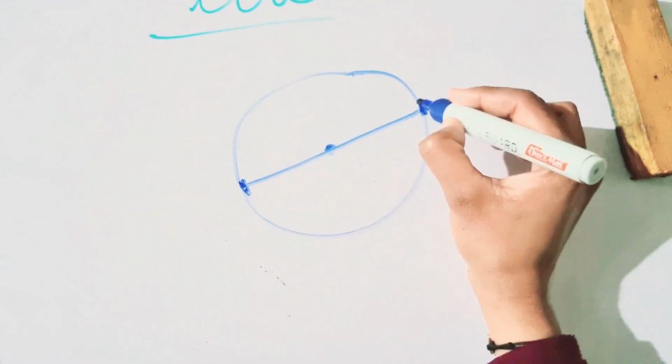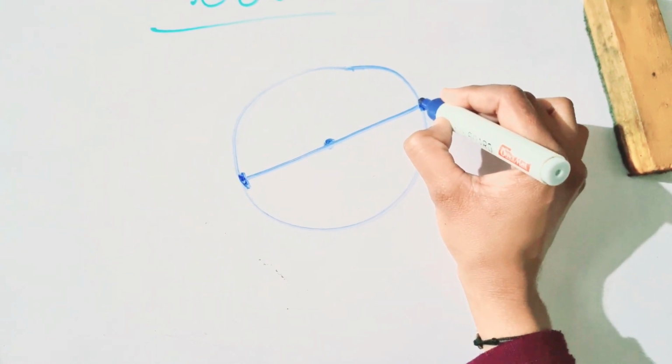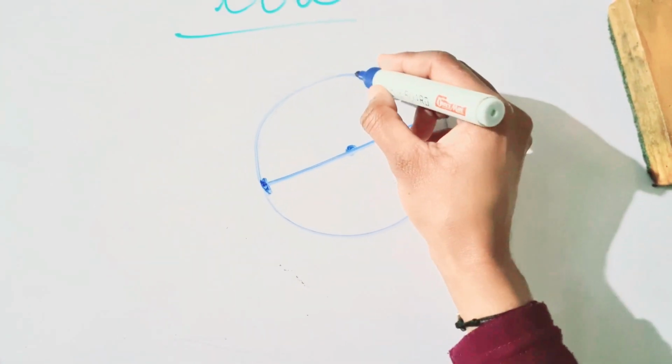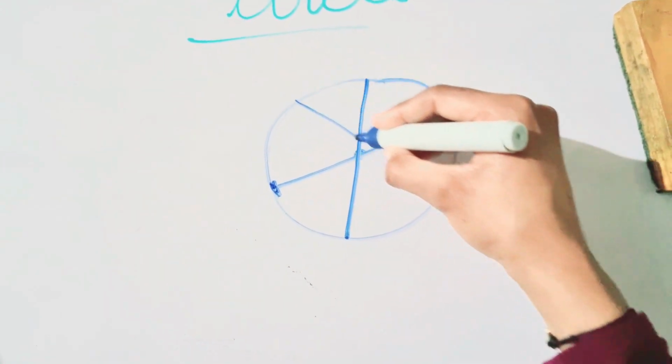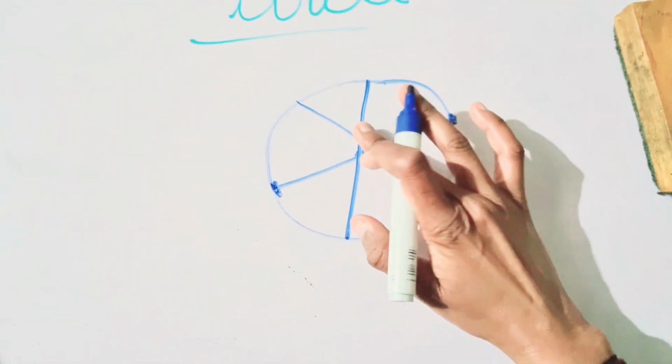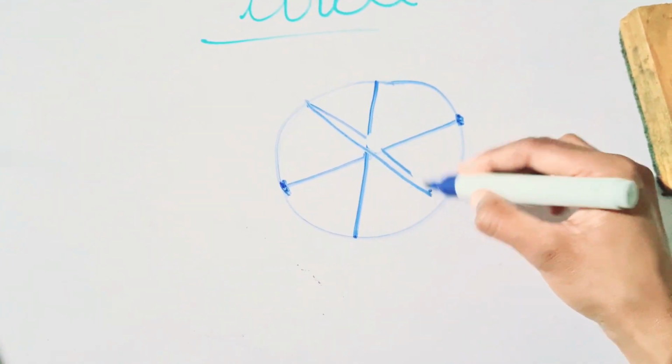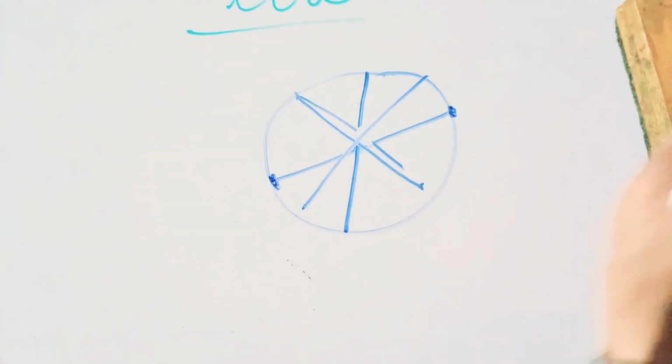From this point to this point is called diameter. Any line you can draw through the center is called diameter.